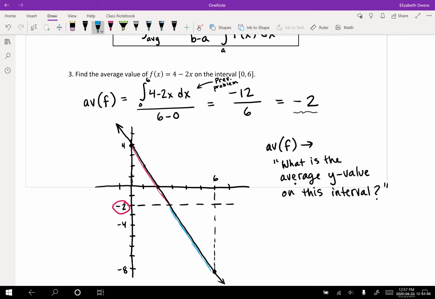Everything ends up balancing each other out at y equals negative 2. So that's the average value of our function there. Okay, so that's the idea of average value. Any questions looking at that?